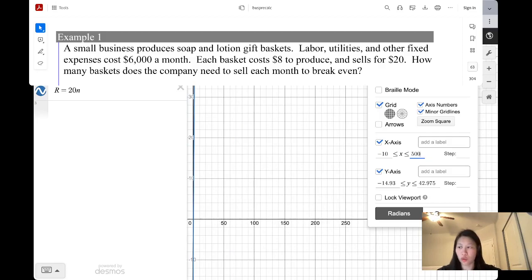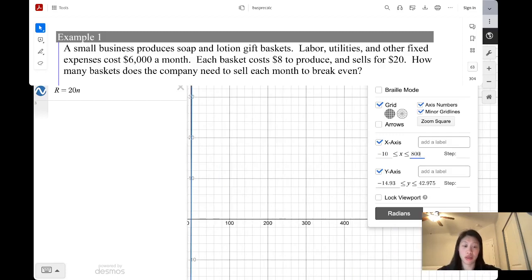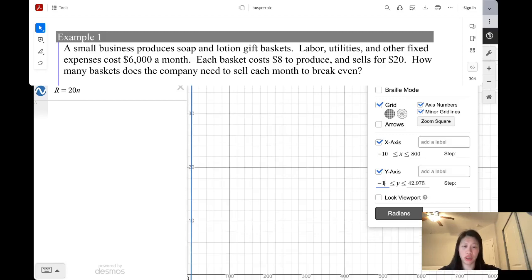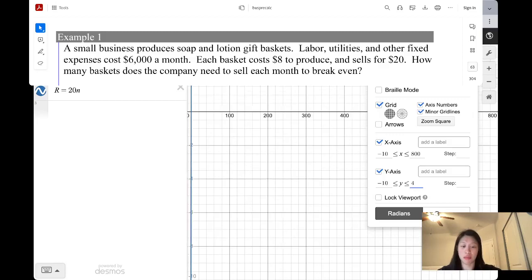Or maybe something even bigger, like 8,000. On the top, we might want some number that's bigger, since at least the cost is 6,000. Let's try 10,000.